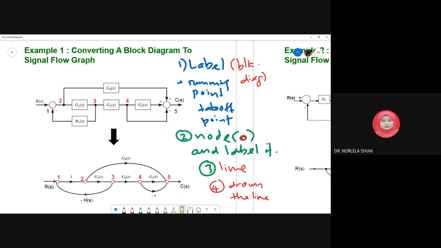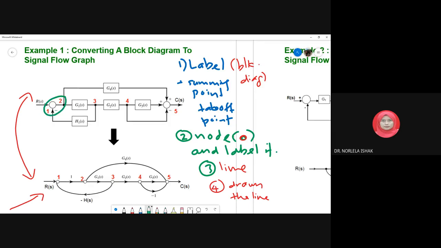Okay, so we compare this one. Okay, so you can see from the signal flow, you see from here after we label. So let's say from knot 1 to knot 2, any item or any element from knot 1 and knot 2?